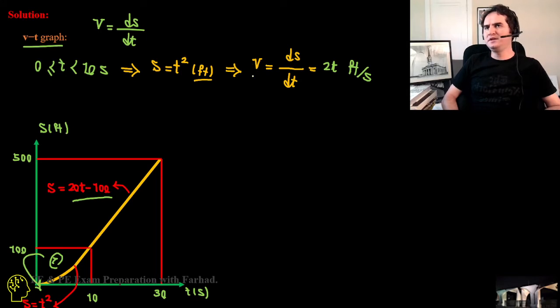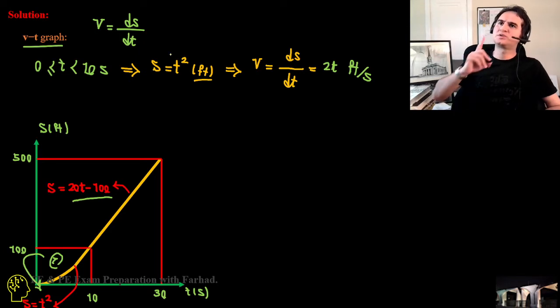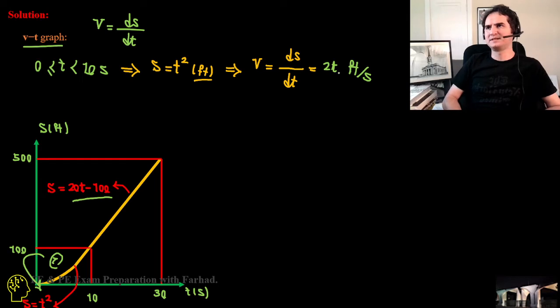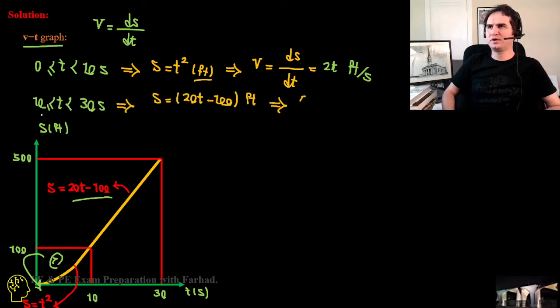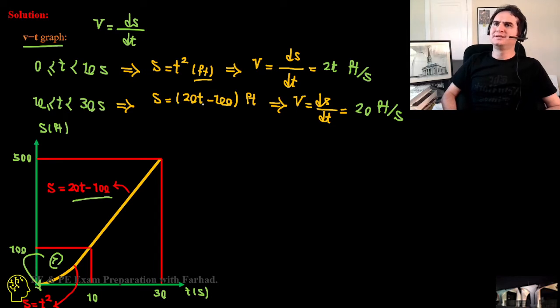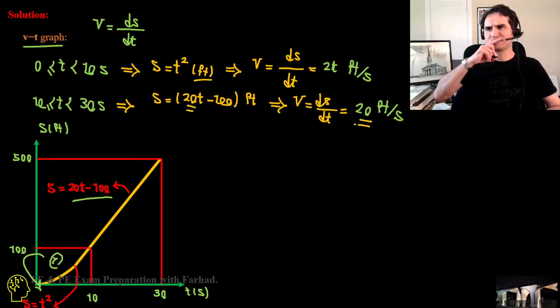So v, we know velocity is the derivative of displacement over time, so it just goes to 2 times t. And for the other part, from 10 to 30 seconds, s is equal to 20t minus 100, so the derivative of this part is just 20 feet per second.